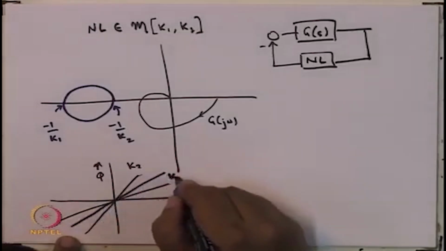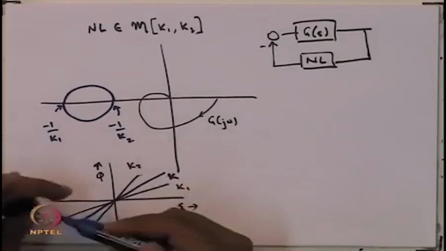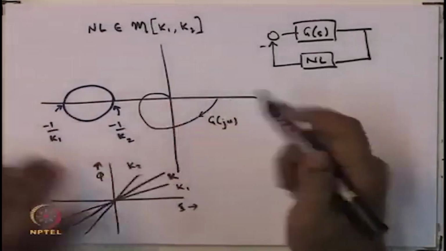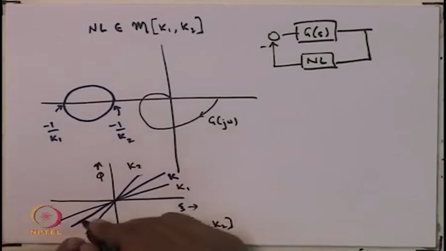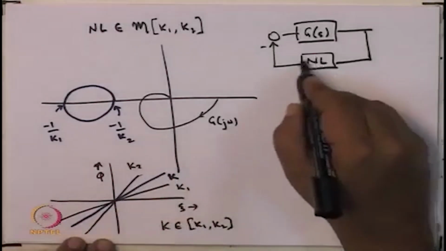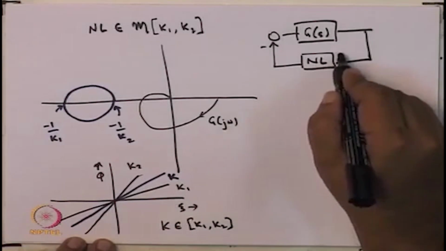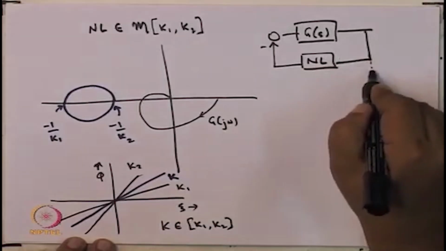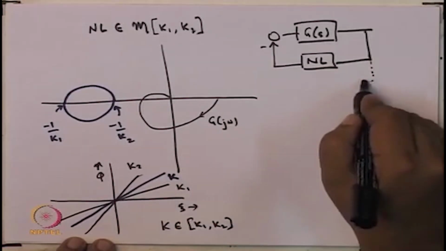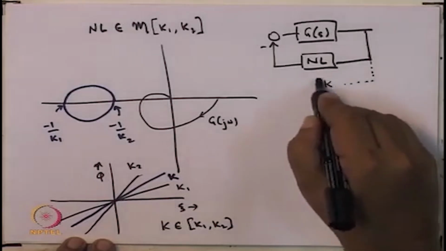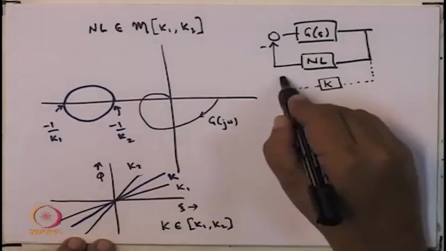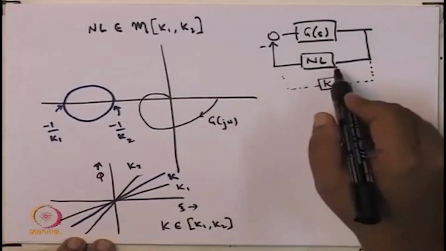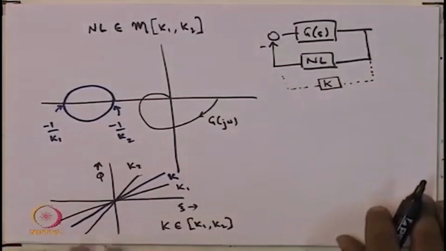This has slope k, where k is in the interval from k1 to k2. So, the slope of this blue line here is k, and instead of the nonlinearity, let us assume the feedback is really a linear feedback with value k. So, let us assume that this is the portion which is connected and not the nonlinearity.